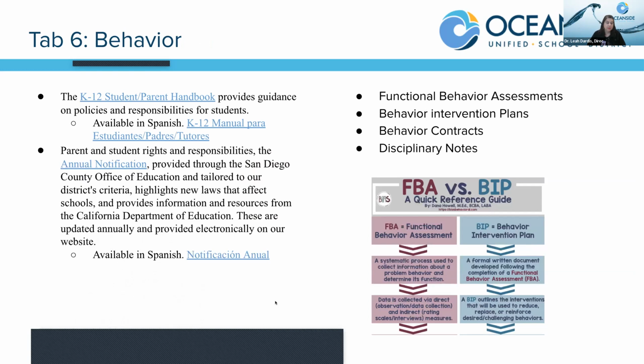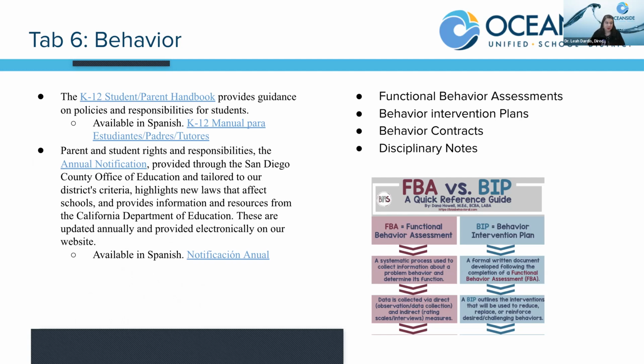And our last tab is really about behavior. What's tricky about behavior is that it takes time, it takes energy, and it's governed by a bunch of rules that don't always make sense with special education. I think that's the best way I can describe it.